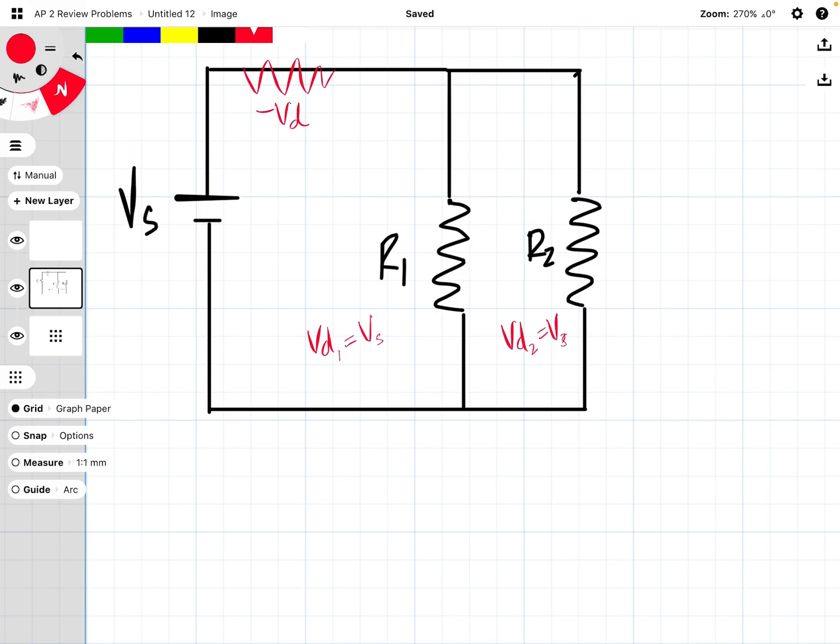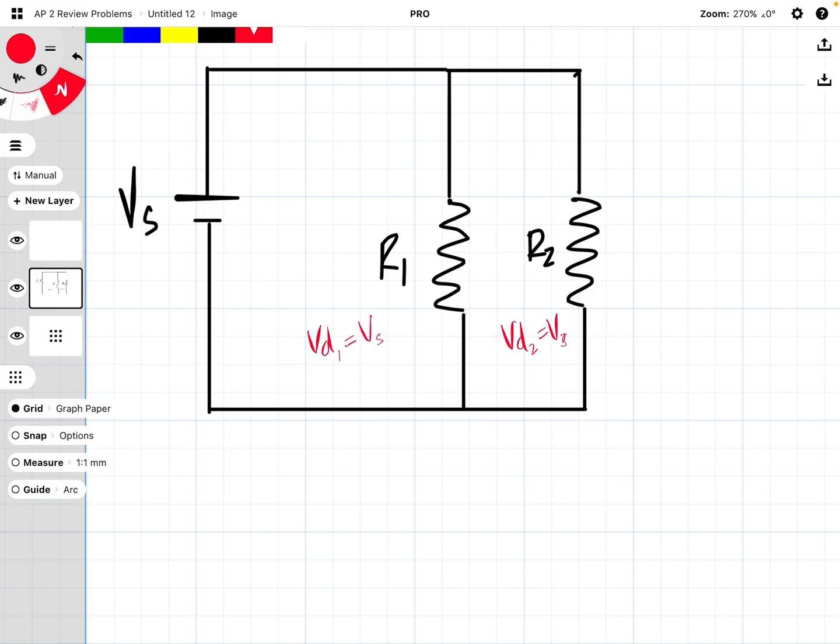No matter what the values of R1 and R2 are, the potential difference across each branch will equal one another. It just matters how much is left. If there's no resistor up here at all, then obviously all of it is across both of them. But if there is resistance up there, then whatever's left of the voltage after that initial drop would be equal across R1 and R2.